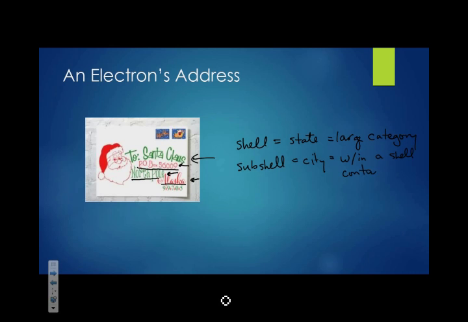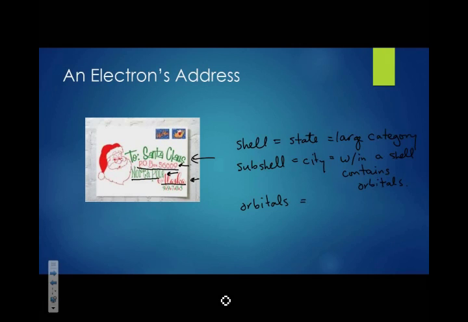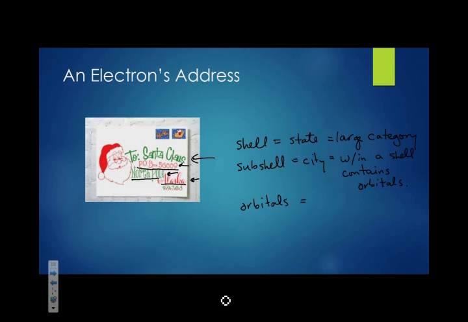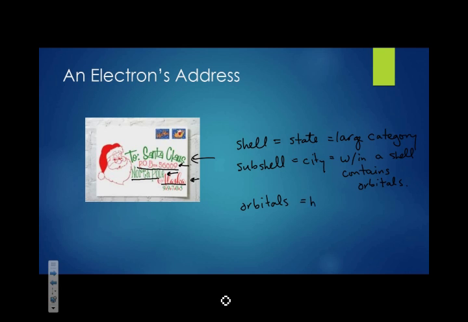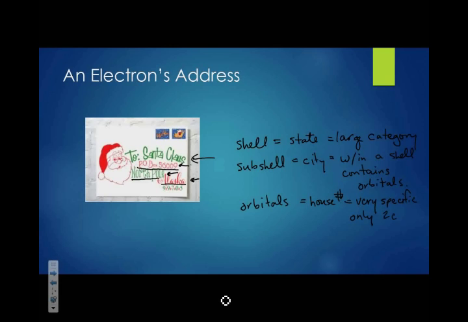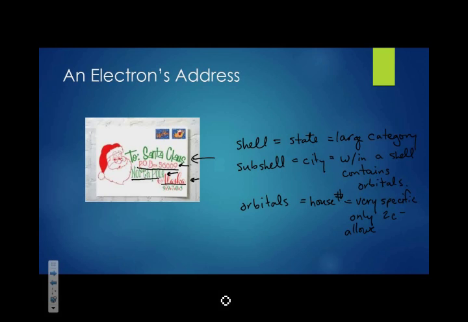It contains orbitals. Orbitals are like your house, right? Now we're getting pretty precise. There's only a certain number of people who live in your house versus the number of people who live in the state of Alaska, assuming you lived in Alaska. So the orbital is kind of like your house number. Now we're getting very specific about where the electrons are, and in fact, there's only 2 electrons allowed in each orbital.